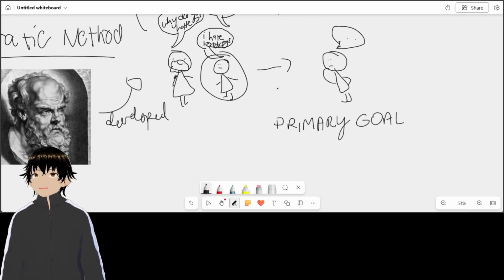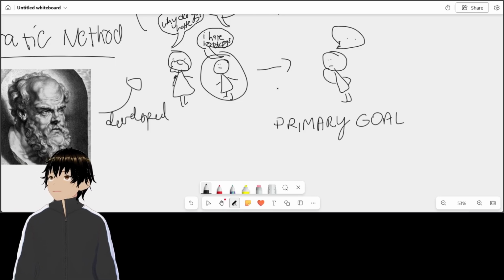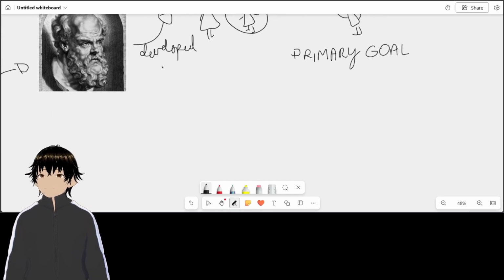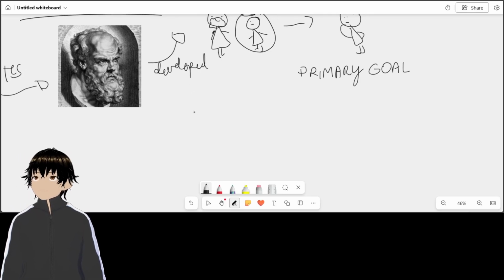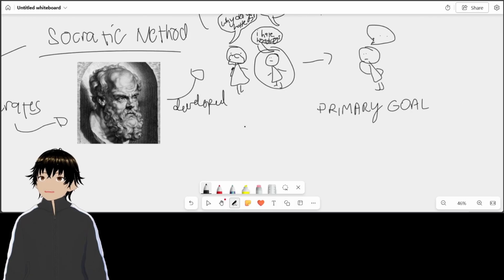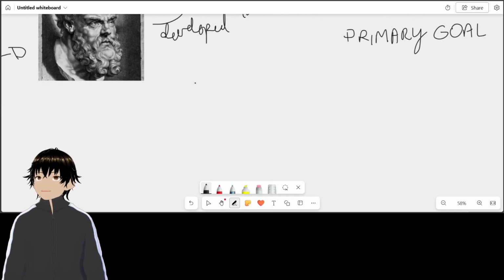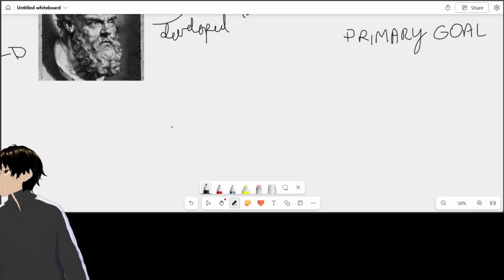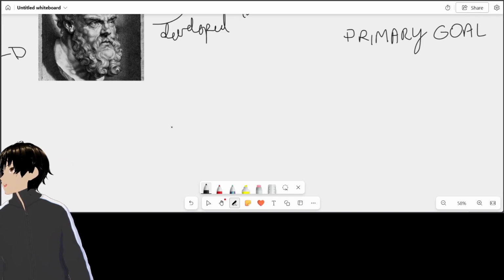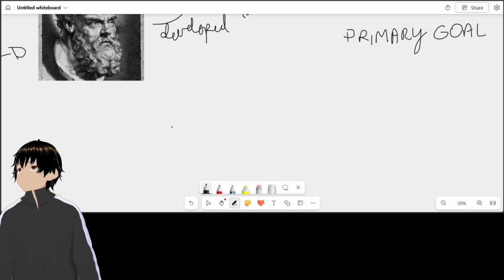But throughout history, ever since this method was developed by Socrates, the people who have been involved in the Socratic method, who have fundamentally used it, found it to be effective in order to find hidden assumptions in other people's arguments, or in order to find good reasoning in their own arguments, okay.